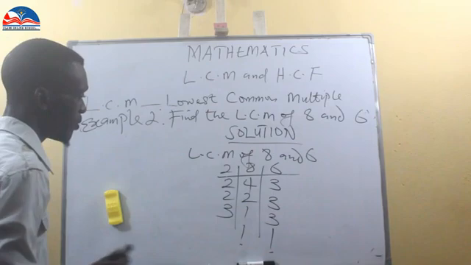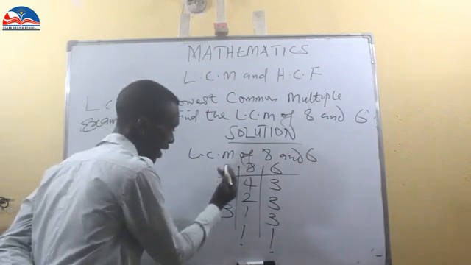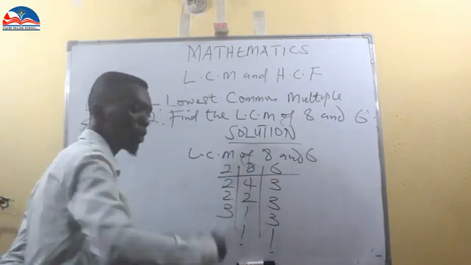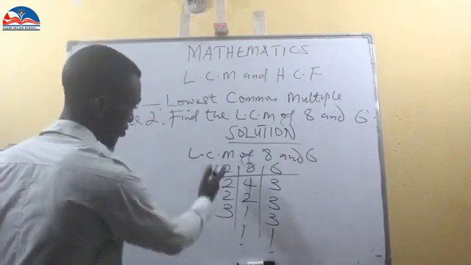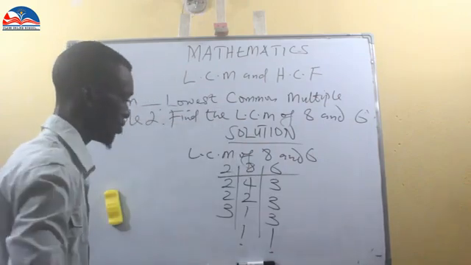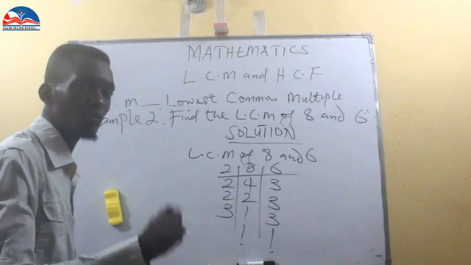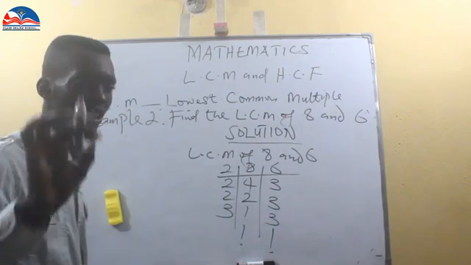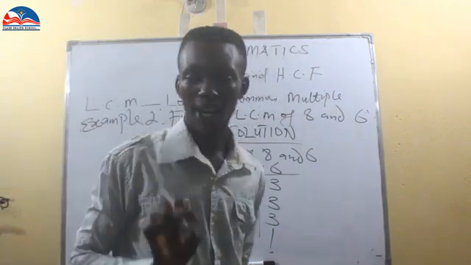So at this junction, to get our LCM, these numbers, these factors, you multiply them together. The product becomes our answer.